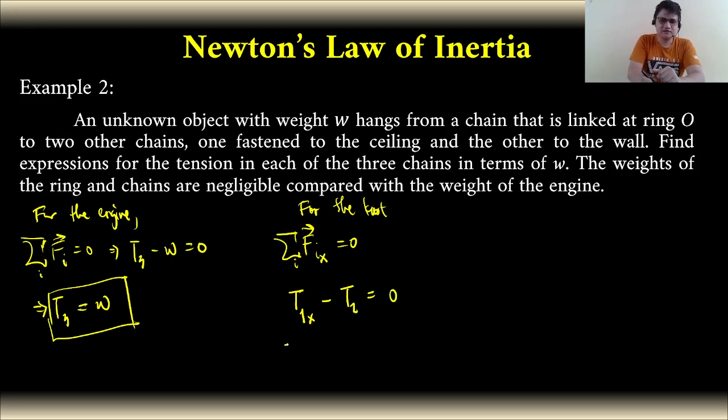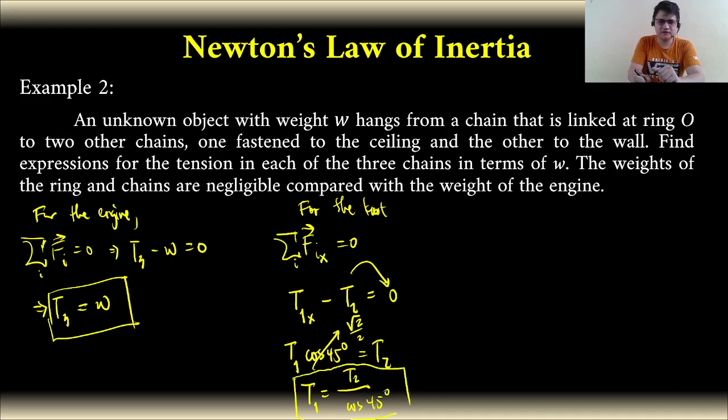This means that T1 cosine of 45 degrees is equal to T2 after transposing this one to the right hand side of the equal. As we know, cosine of 45 degrees is square root of 2 over 2, but anyway, we can just write cosine of 45 degrees. So this means that T1 is equal to T2 over cosine of 45 degrees. So this is the equation with respect to the x-axis for the knot.